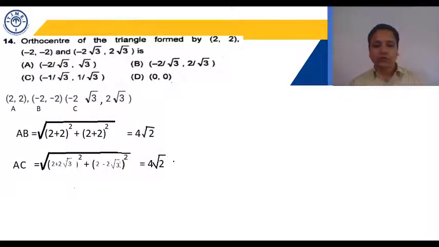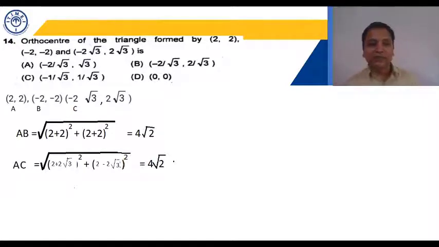So 2 square is 4, 2 root 3 square is 12, 12 plus 4, 16. That is, both the brackets give 16. So 16 plus 16 is twice of 16, which again comes out to be 4 root 2, because square root was there. Now since AB and AC are equal, this triangle can be an isosceles triangle as two sides are equal.